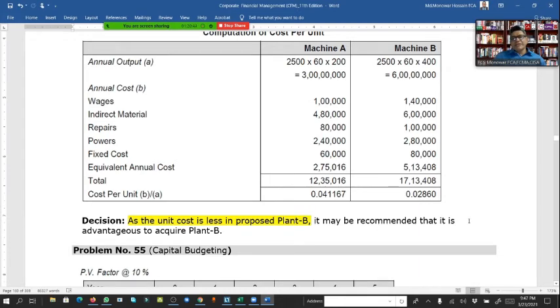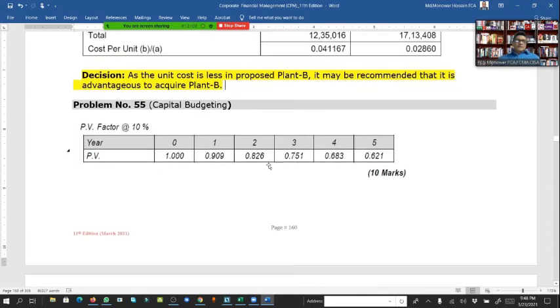It may be recommended that it is advantageous to acquire plan B. So as a company secretary, you suggest your company take plan B, because the cost per unit is less than machine or project A.